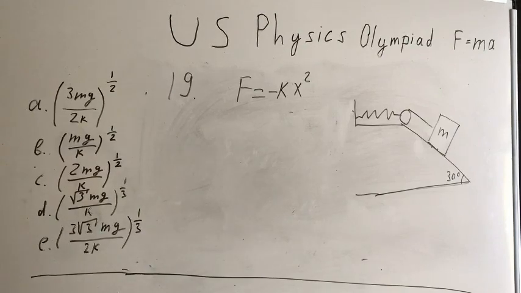Problem number 19. A non-Hookean spring has a force like this. So we see it's not proportional to displacement, it's proportional to the square of the displacement, where k is the spring constant and x is the displacement from its unstretched position.